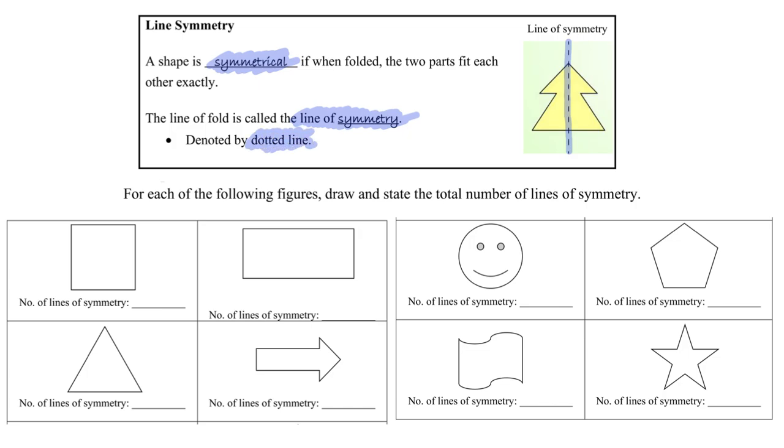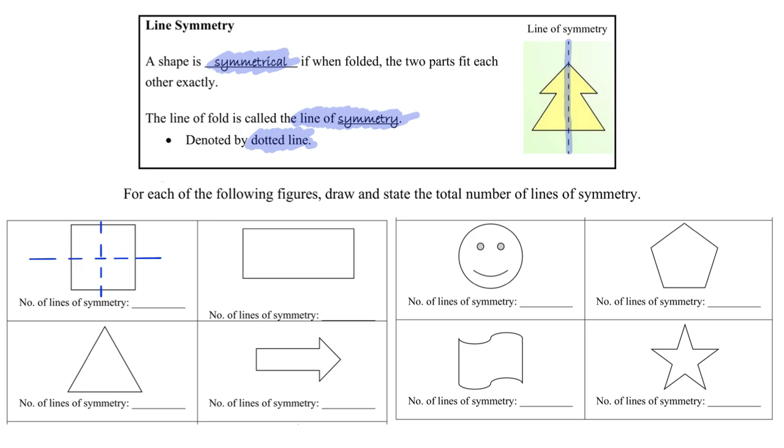Okay? So for each of the following figures, let us draw and state the total number of lines of symmetry. For the first one, let me pull out my ruler where we are going to draw some dotted lines. There is one here and there is another one here, somewhere in the middle.